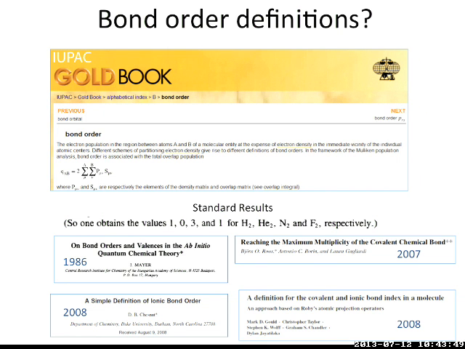Largely, they use this definition because in this paper, Mayer in 1986 came up with a definition of bond order that is largely based on these sorts of quantities. I should remind the audience, bond order refers to something very specific. In chemistry, it's literally the number of electrons involved in a bond.